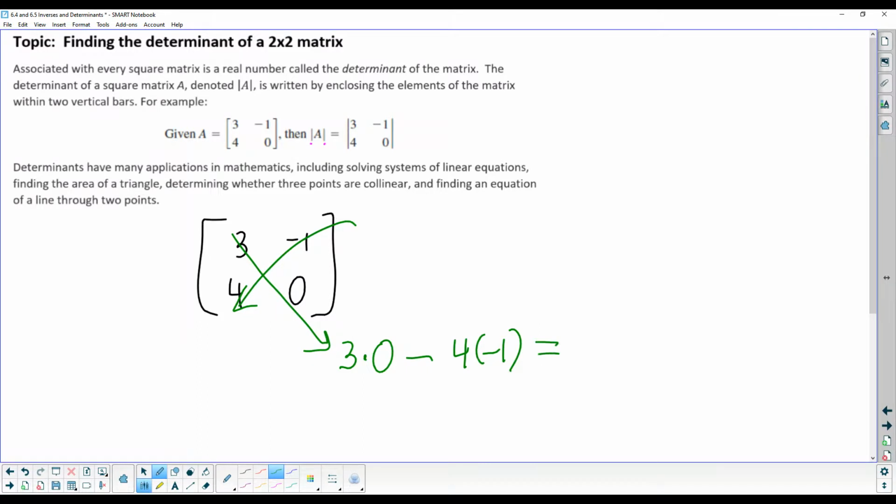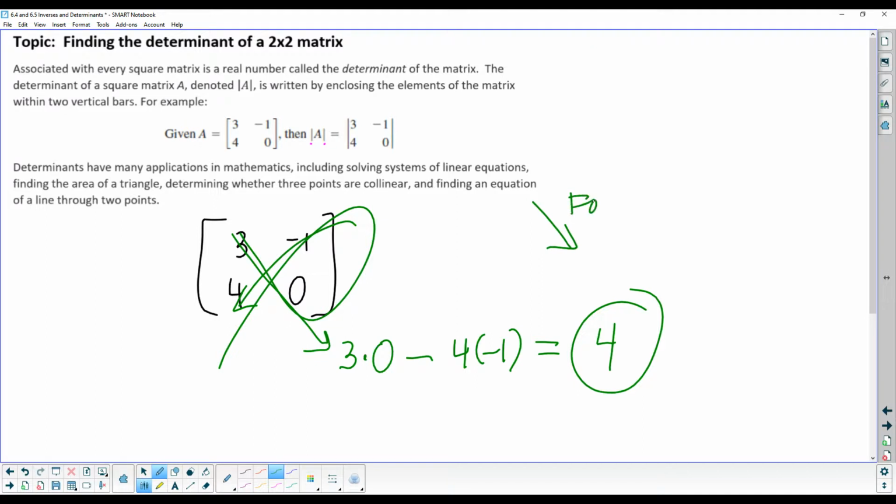So this one has a determinant of 4. Yeah, 3 times 0 minus 4 times -1. It's always the forward diagonal minus the backward diagonal.